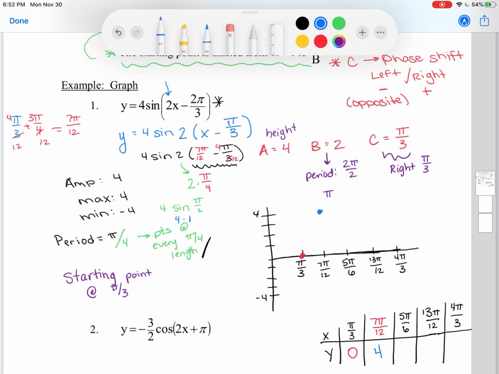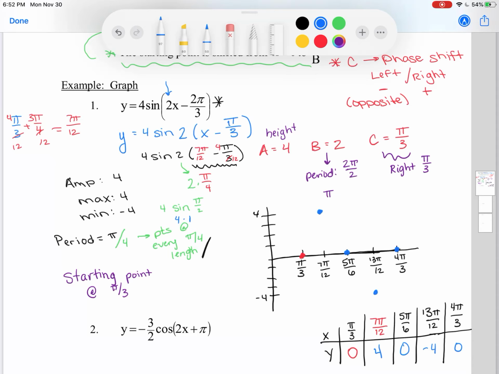And just like last class, you guys started to see the patterns developing. So I would venture to guess that at 5 pi over 6, you're probably going to get a 0. You can test the math, you can use the calculator if you'd like, but you will indeed get a 0. Following that pattern, you got everything above the x-axis, so now we need everything below, which means the next point is going to be at negative 4, followed by 0.